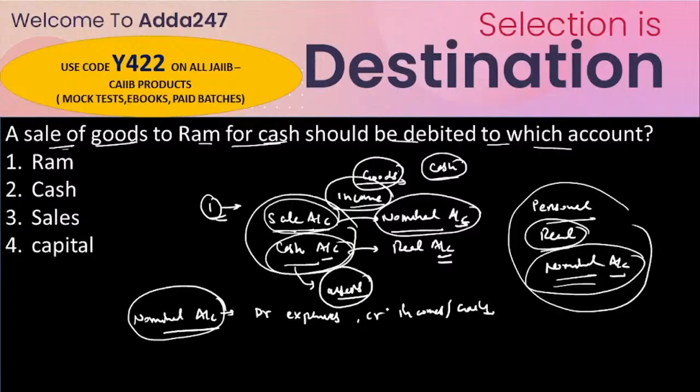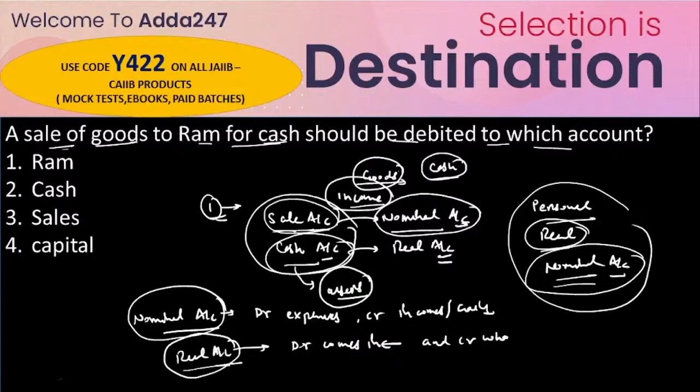This is the golden rule of accounting. And for the real account, because all the assets and liabilities come under the real account, the rule is: debit what comes in, and credit what goes out.